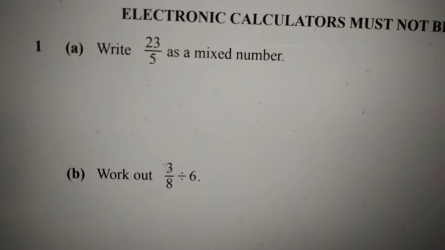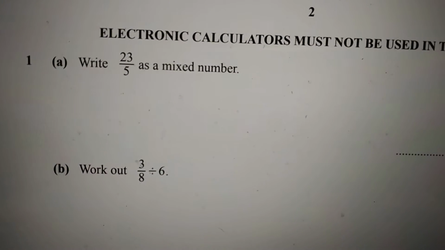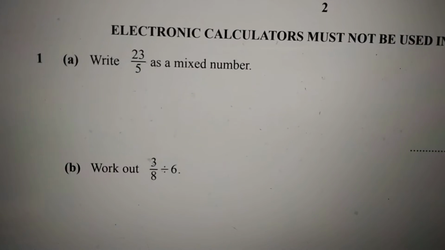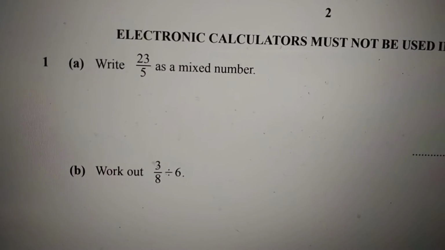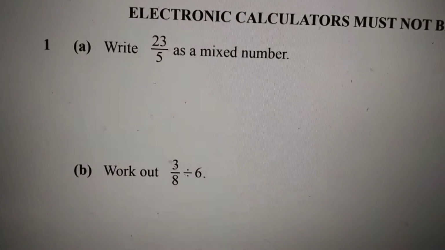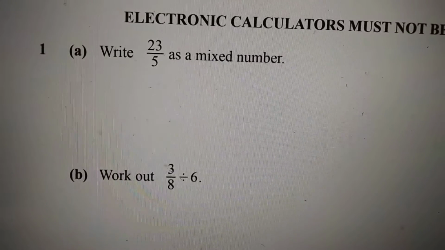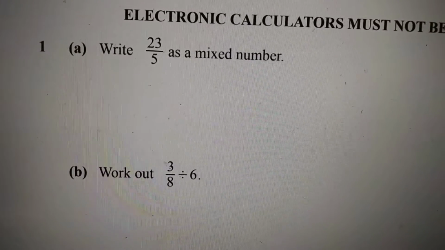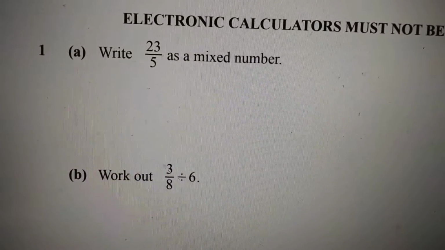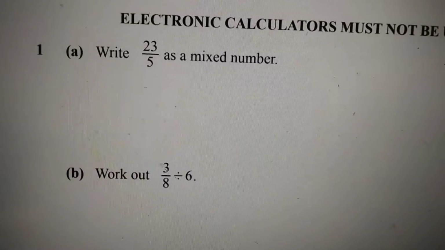The first few questions are very simple in paper 1, as you know, and we have to solve it without the use of a calculator. See the first question over here. It is 23 upon 5, which we have to write as a mixed number.